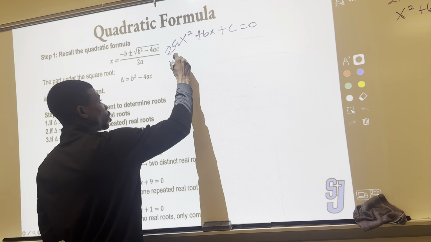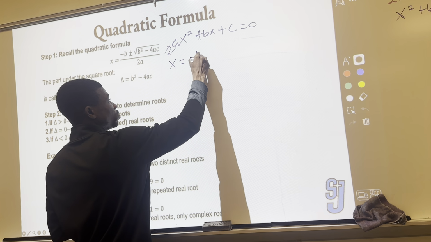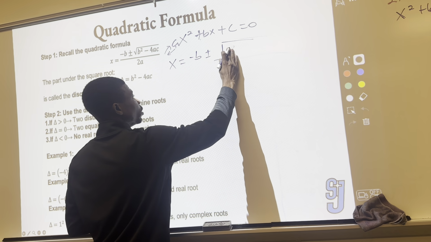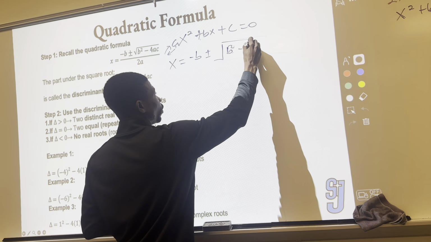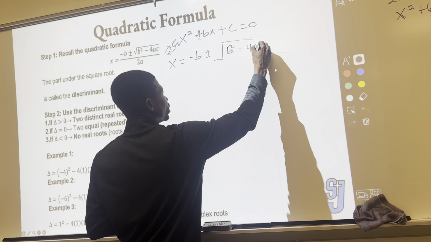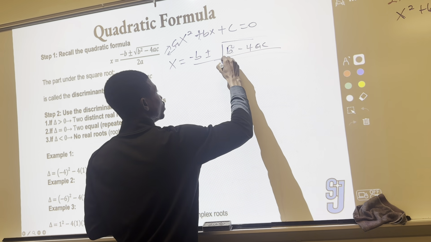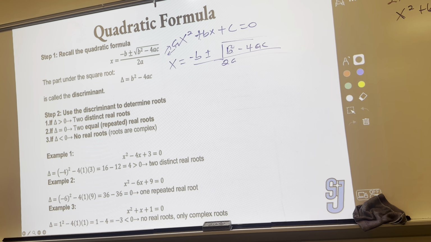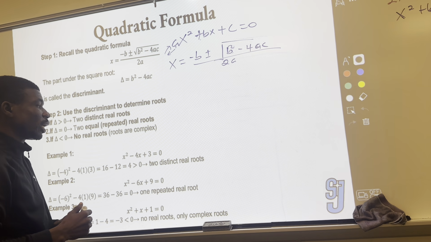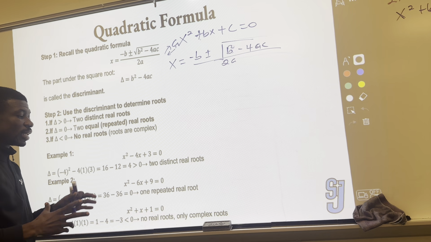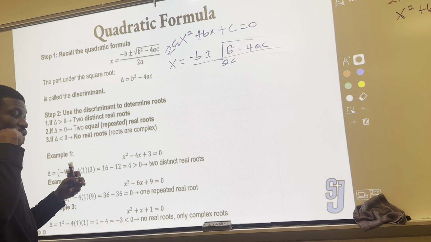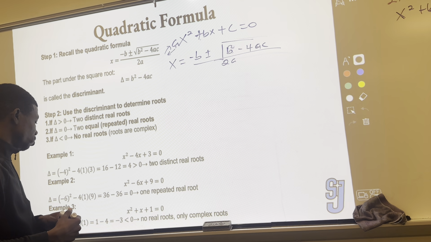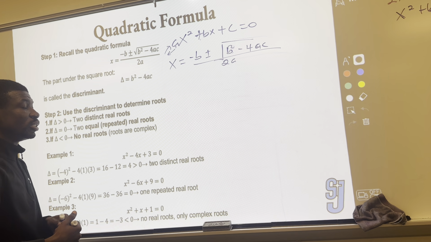To solve for x: minus b plus or minus square root of b squared minus 4ac over 2a. Let's try this example, which has 2 roots repeating itself, or 1 equal repeating root.